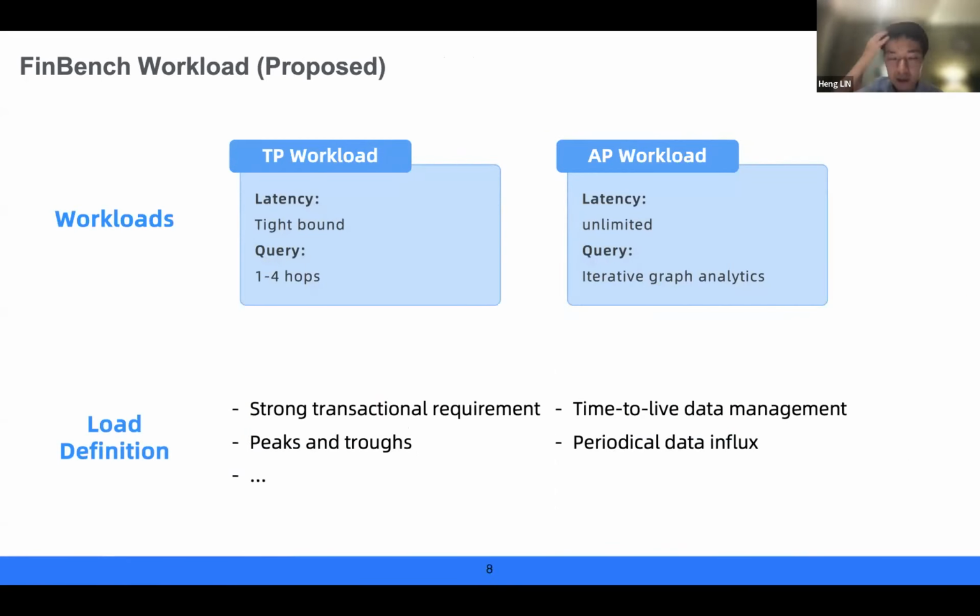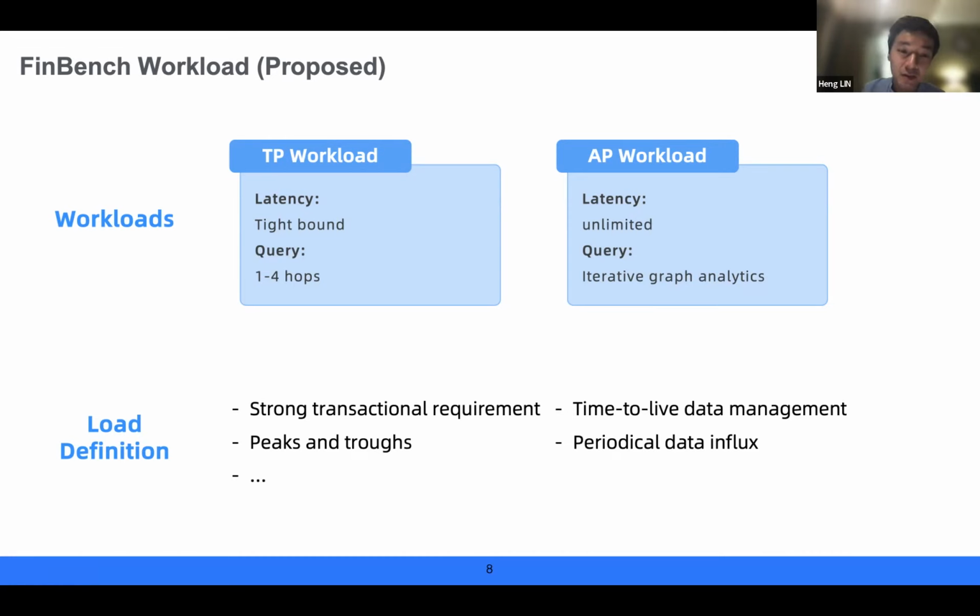I cannot quite follow. I think most of the TP workload needs transactions, whether it is 1 or 2 or 4 hops. I write 1, 2, 3, 4 hops to say it is interactive, just like in the BI.